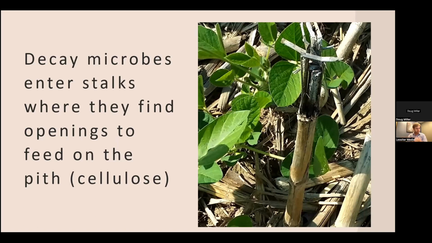The cellulose or pith in the center is the easiest to break down, and that's what they're going to go after first. As the picture we have here illustrates, this corn stalk has the most decay. It was first colonized at the top of the stalk where the snapping roll broke that stalk off as the combine moved through the field. That's where the organisms entered that stalk.